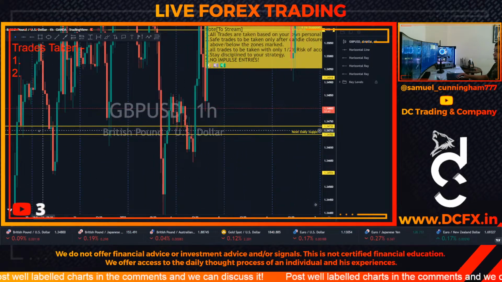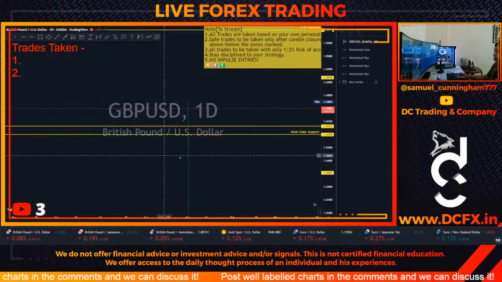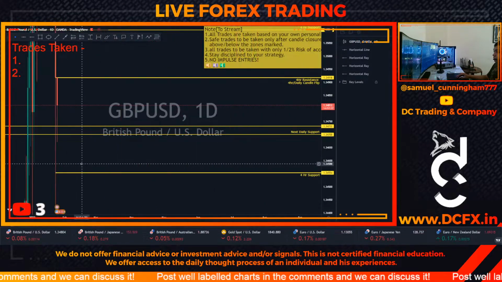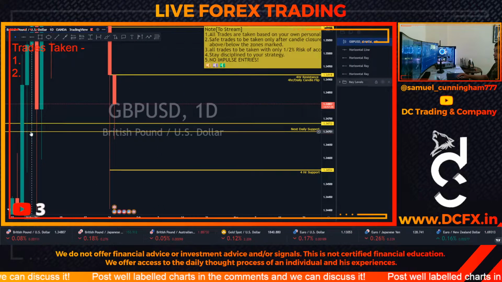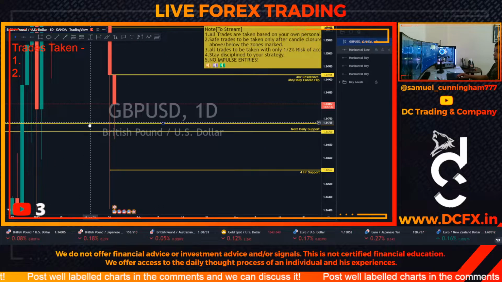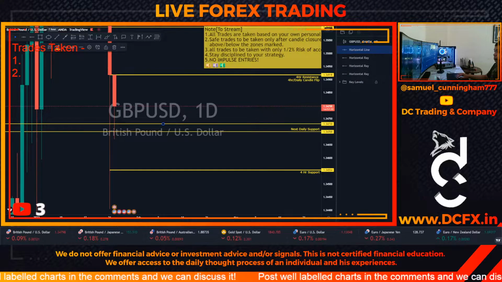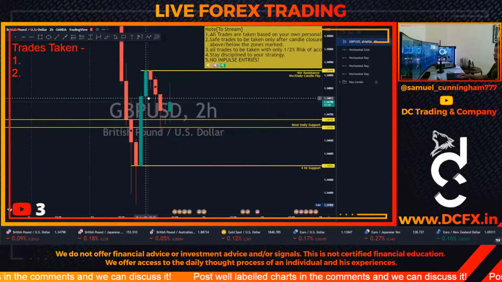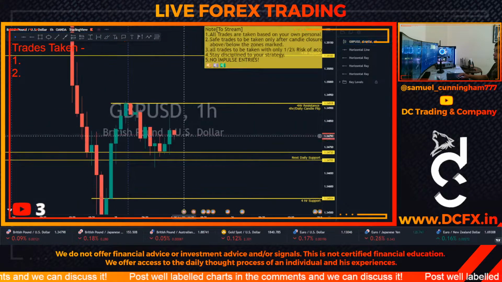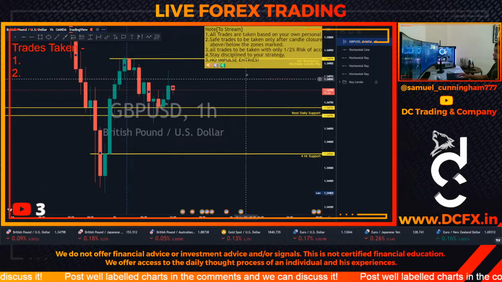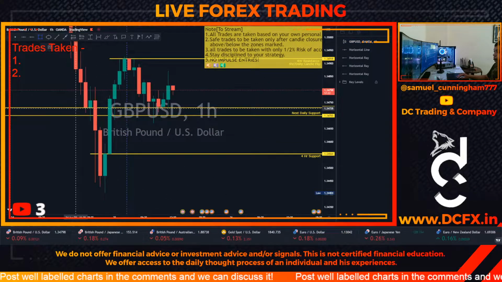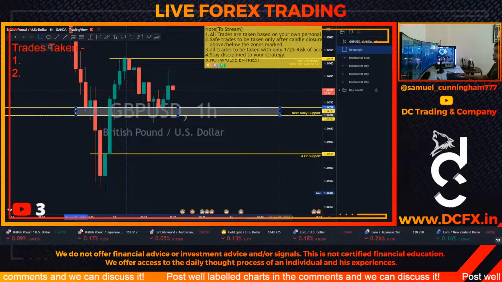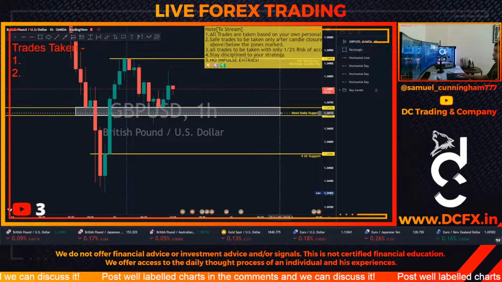You see this area. So let's just look at it on the 1-hour time frame. I'm not looking to take a trade in this zone.